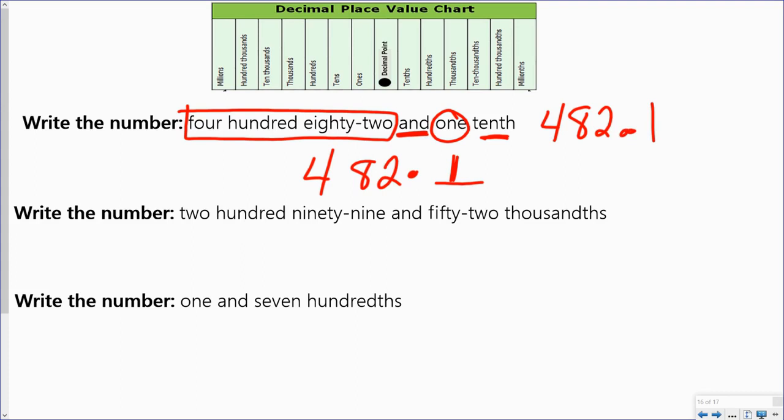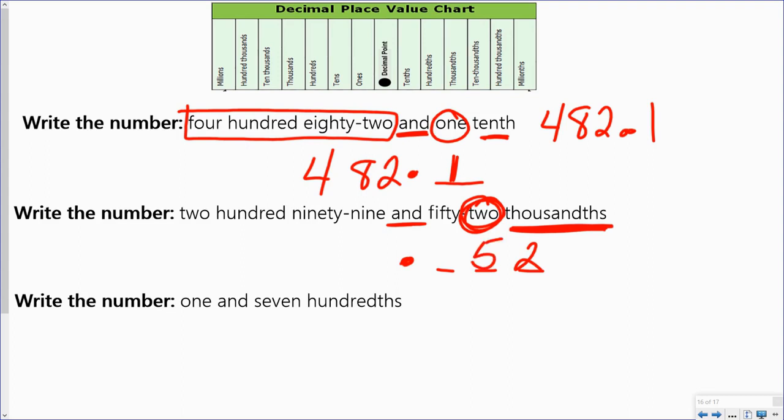Next one here, I have 299 and 52 thousandths. So again, with my and, I'm going to put my decimal, and then I have the thousandth space, which is one, two, three spaces to the right of the decimal. So that means this two in my 52 has to be in my thousandth spot. Well, that's right here. And then it is 52.